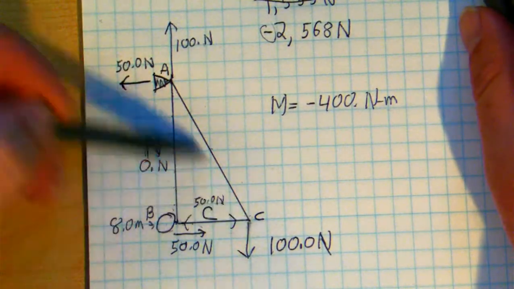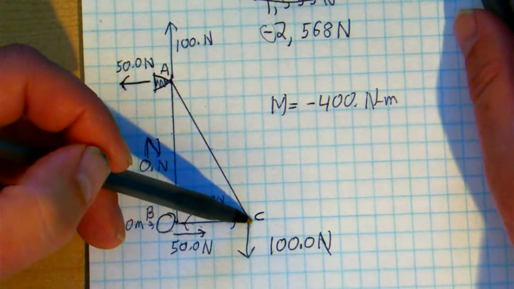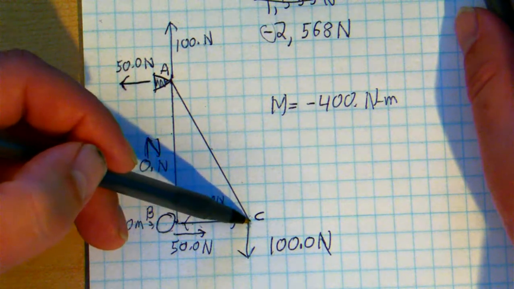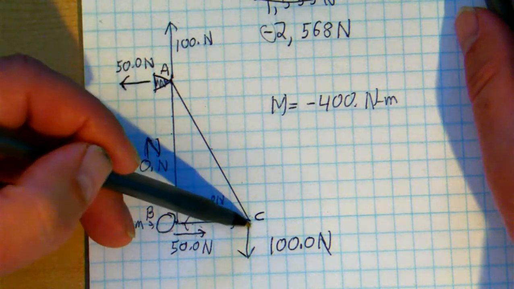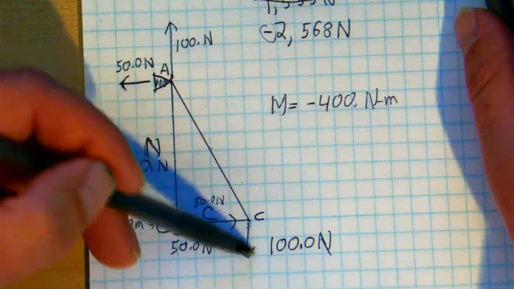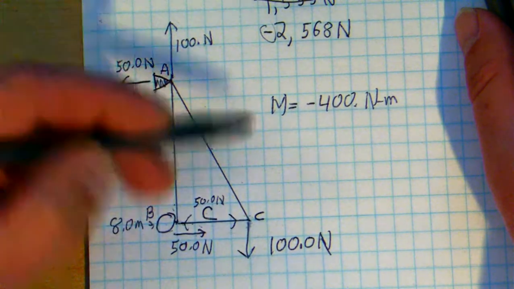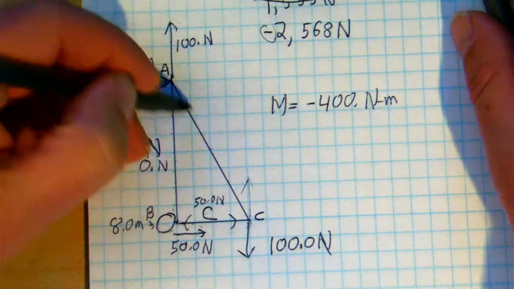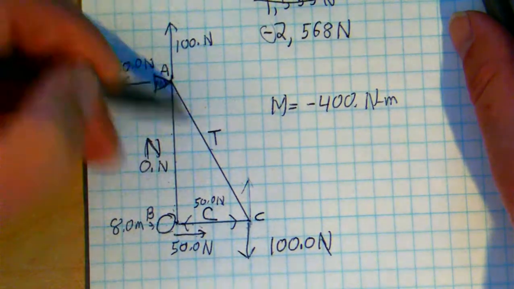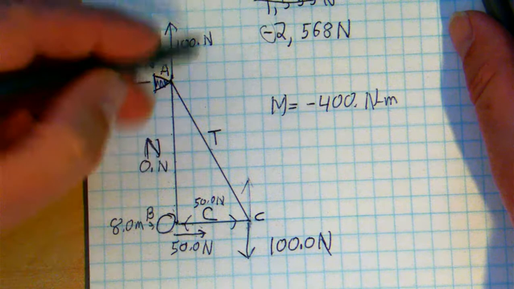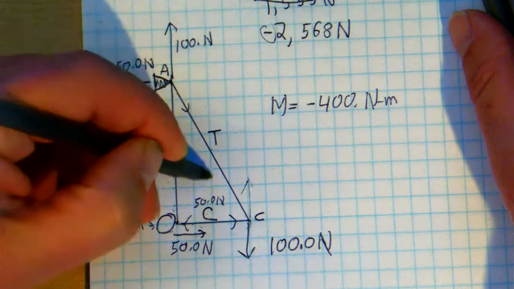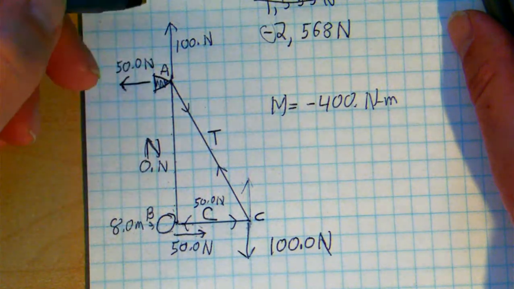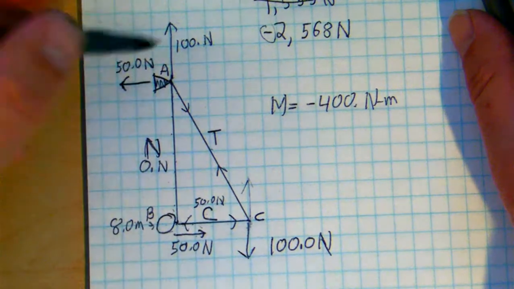What's going on between A and C? Well, the load is pulling C down with 100 newtons. So A must be pulling C up with 100 newtons. So this is pulling A and C together. I guess I could show the arrows going this way. They're pulling inward from outside.